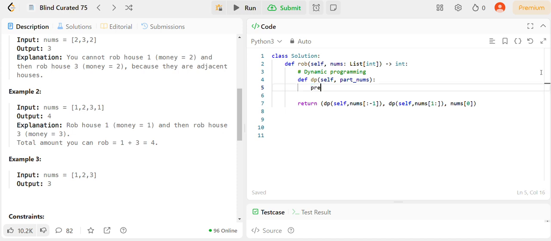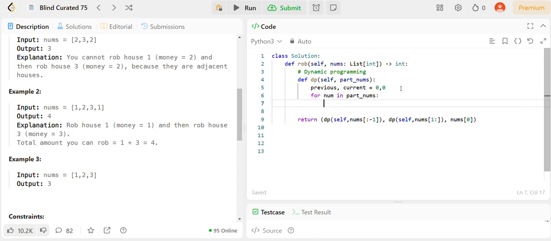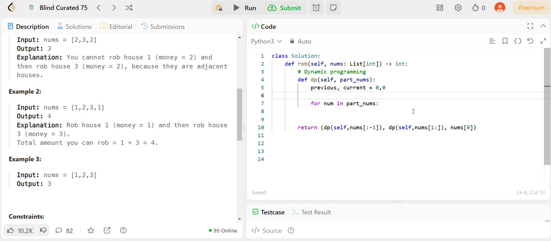In this robbing strategy, we need two variables to always check these two decisions. And then we have to go through every element in the part nums, which is a slice of our nums.